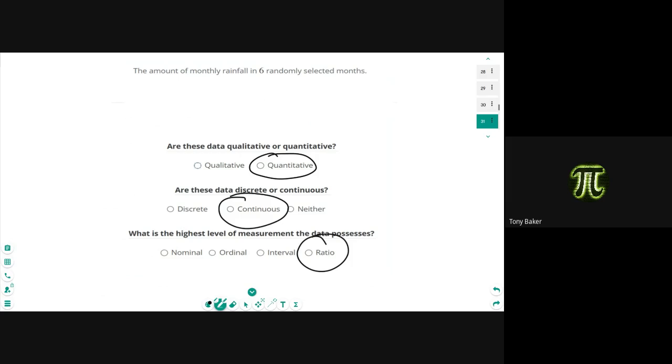Anything that's ratio is also interval, also ordinal, also nominal. It has all those criteria, so it's the one on top. Ordinal is just one step above nominal, so you always want to pick the highest. Sometimes you're going to get caught where you click on one, and it says, well, it's also this one above it. So you have to look at those things.